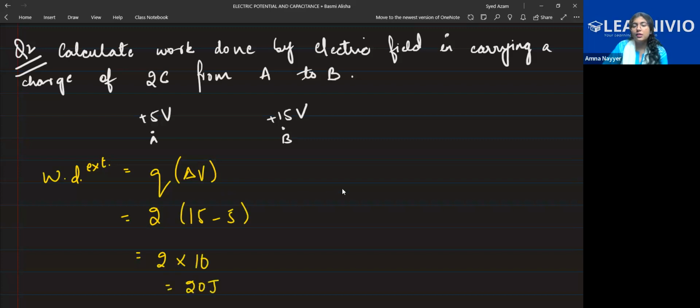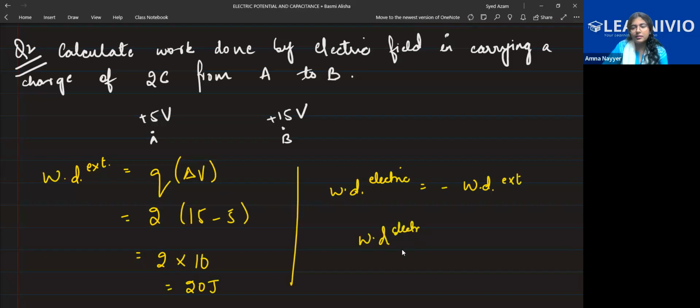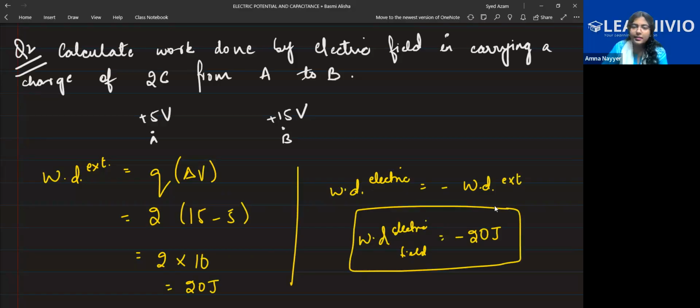So when you're calculating the work done by the electric field, it will be negative of work done by the external force. So work done by the electric field will be minus 20 joules. Clear? Yes, understood ma'am. Okay, write it. Then we'll see some more things.